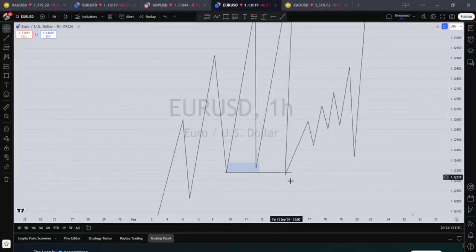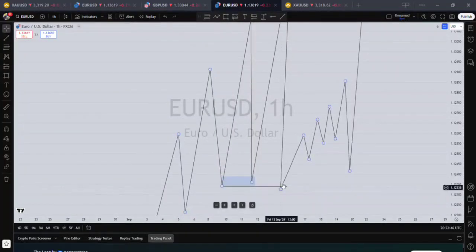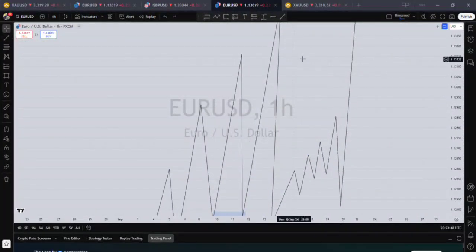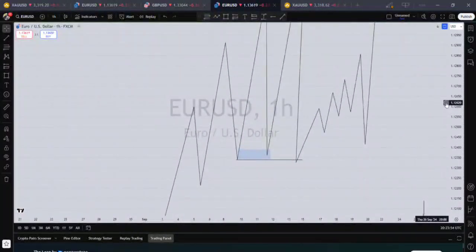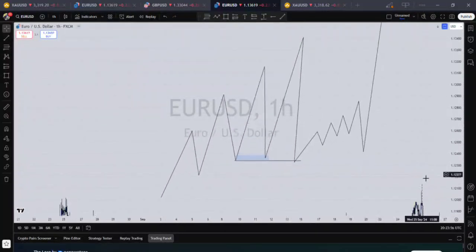It should just wick like a draw of liquidity. Maybe because this one is already mitigated, so it needs more liquidity, which is fine. I think gold has done this before. It can wick the second demand because it has been mitigated. That's fine. Just wick it and then continue, but it must not close.